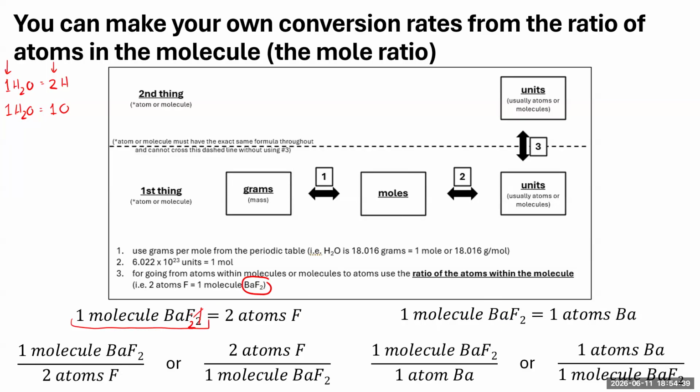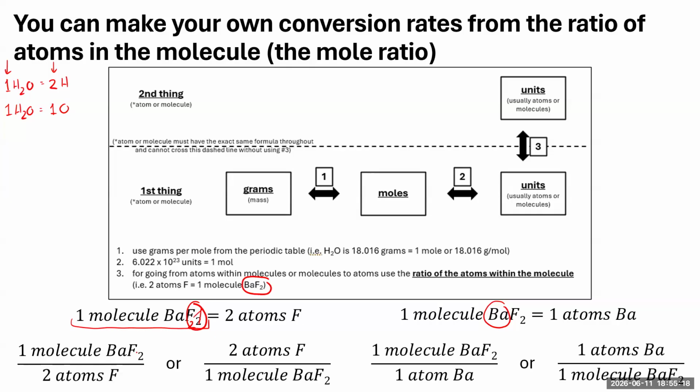One molecule, you can see that there are two atoms of fluorine. Here, there's one atom of barium. So we know every molecule has two fluorines and one barium, just like a sandwich. A sandwich has two pieces of bread, and my cheap sandwiches I like to make are just one piece of cheese, right? So the ratio is for every sandwich, there's two pieces of bread. For every sandwich, there's one piece of cheese, right? But from that ratio, we're able to make our own conversion rates, right?